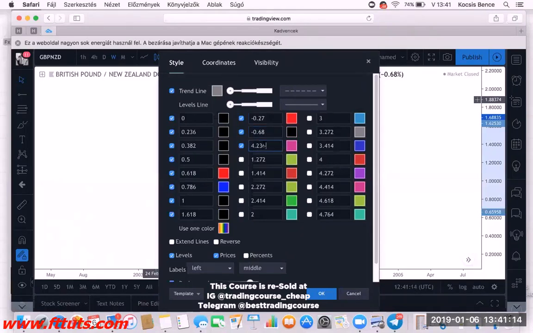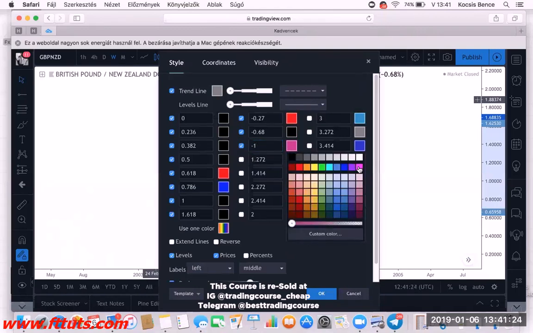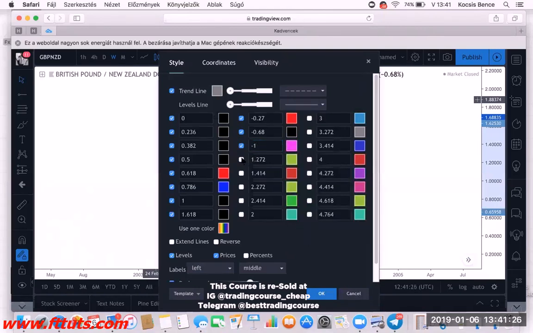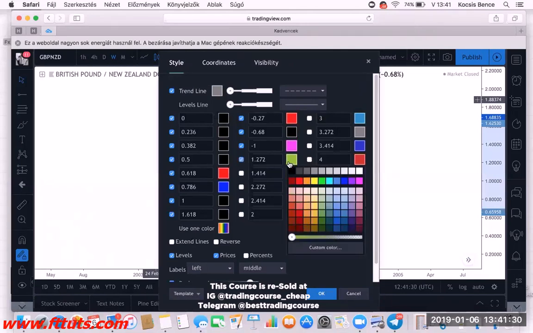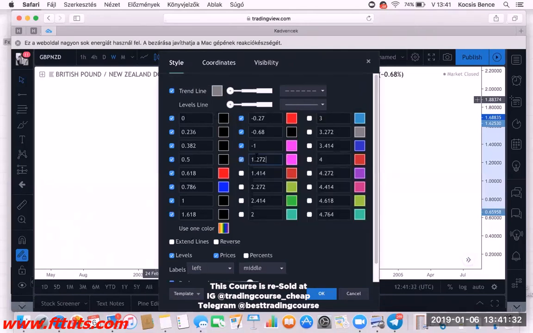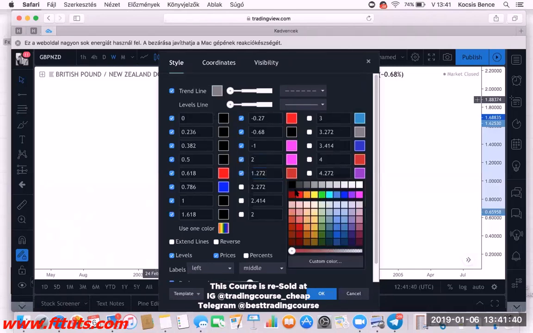And the other two boxes are for the key levels. The first one is the -1, and the number is pink. And the other one is the 200, so it's 2. And we have one more important level, 1.272, and it's red.